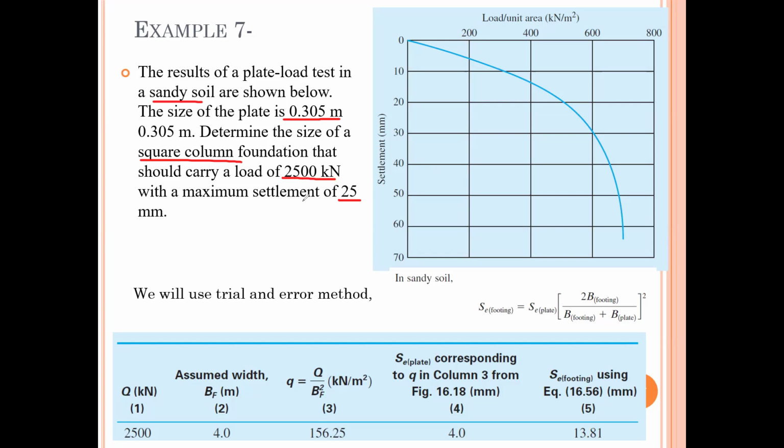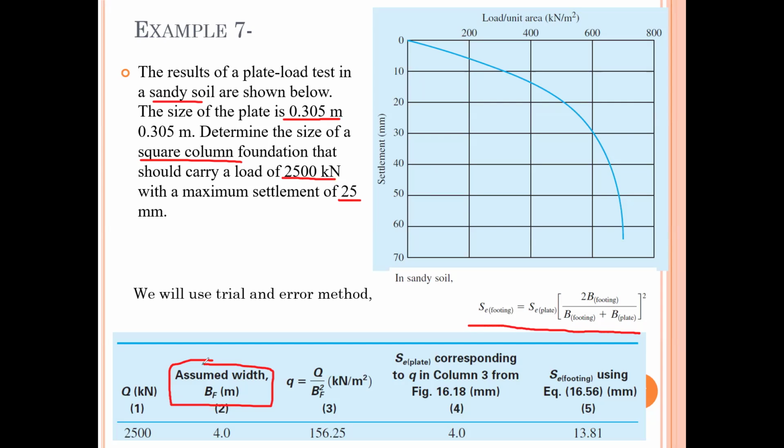In this case, since the settlement is also a parameter, we will have to use this equation. In this equation, what we are going to do is assume the width of the foundation.